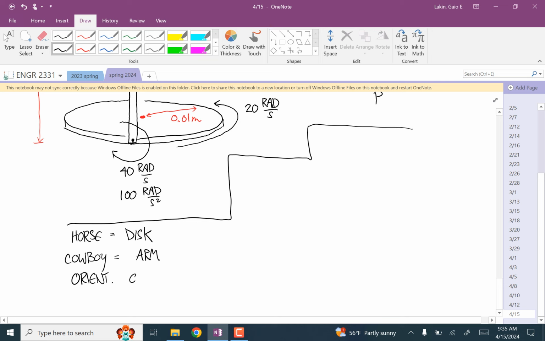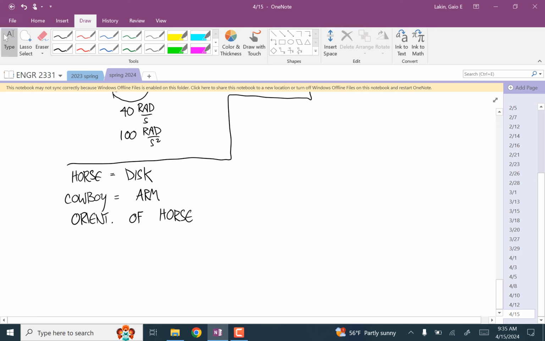So the orientation of the horse determines the axis of rotation of the cowboy.